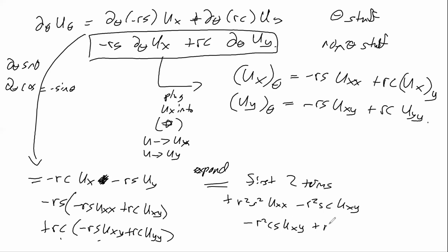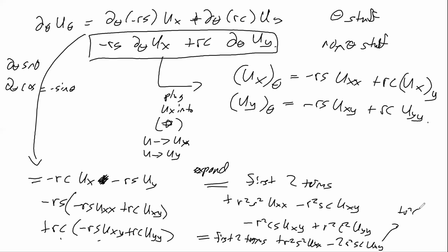Finally, we'll have plus r squared c squared uyy. So let's just combine everything. So we'll have the first two terms plus r squared s squared uxx, and then finally the whole point is we have this minus 2 r squared sc uxy, and then finally plus r squared c squared uyy.